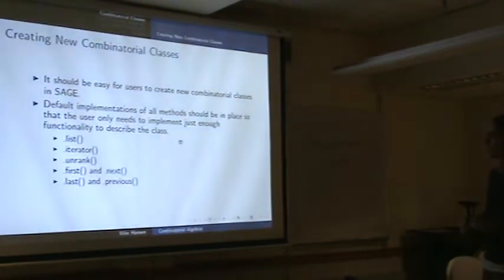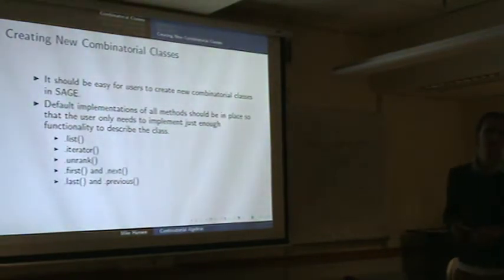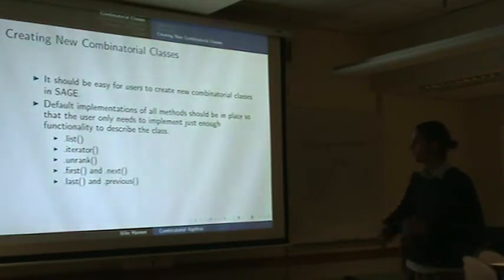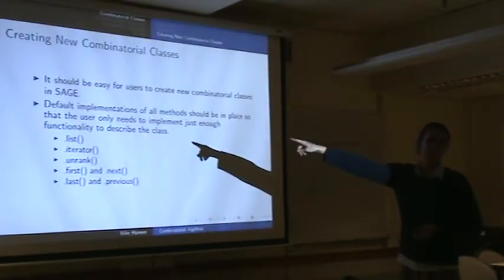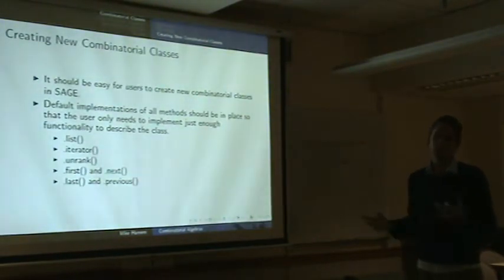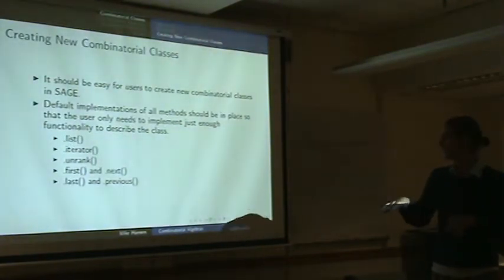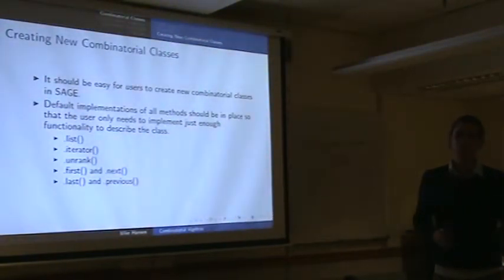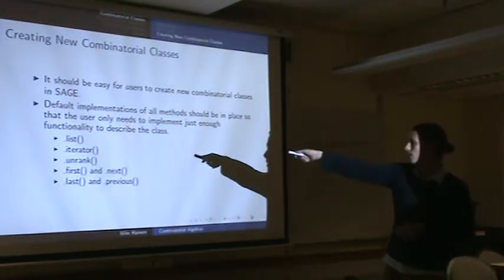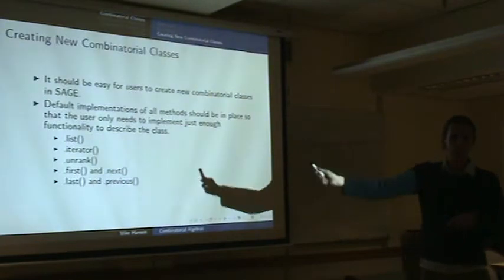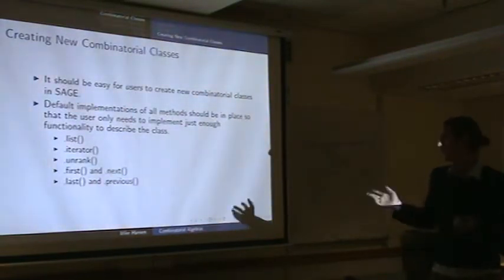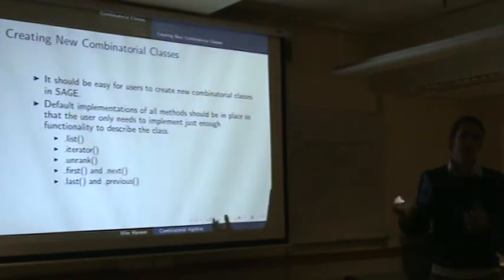So these are 5 different ways that you can specify the elements of a combinatorial class. You could implement the .list method and just return that list. If you do that, then rank, unrank, count, all of those will come for free. Or you could implement an iterator in Python that yields one element of the class at a time.